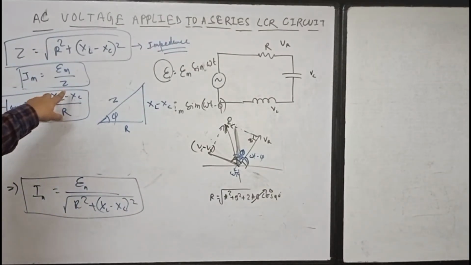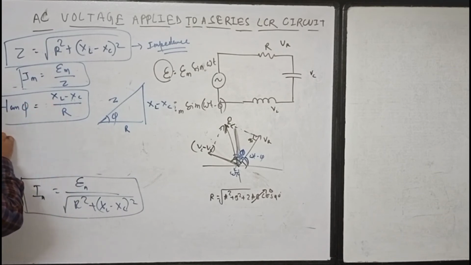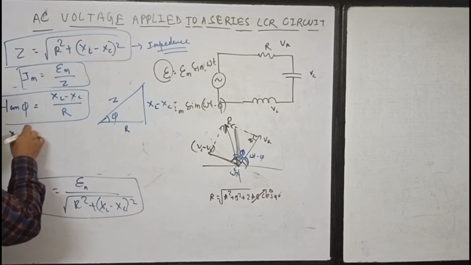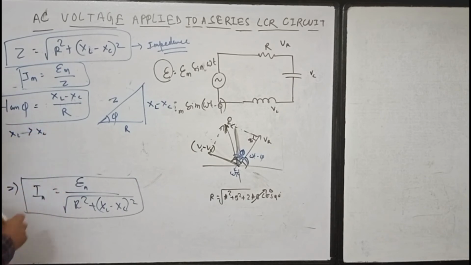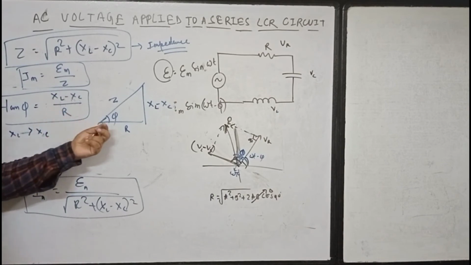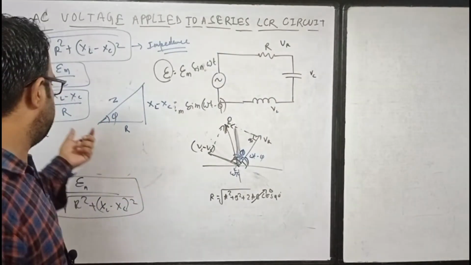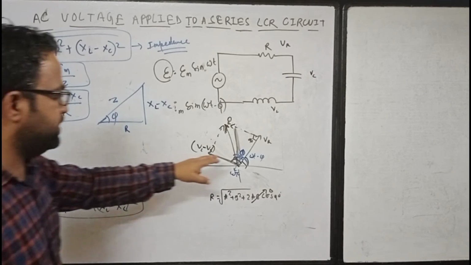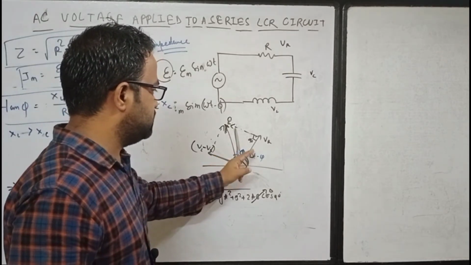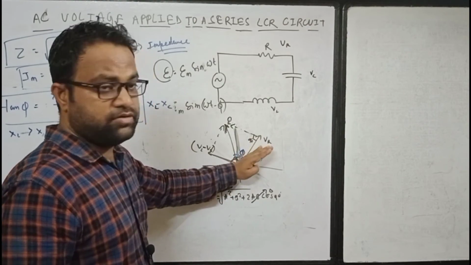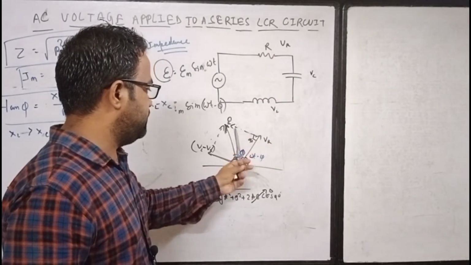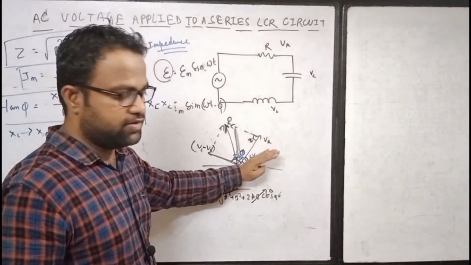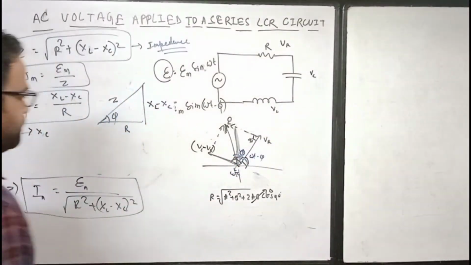Now there can be three cases. Case 1, XL is greater than XC. If XL is greater than XC, then you will get a positive tan phi. If phi is positive, the current will be lagging, right?